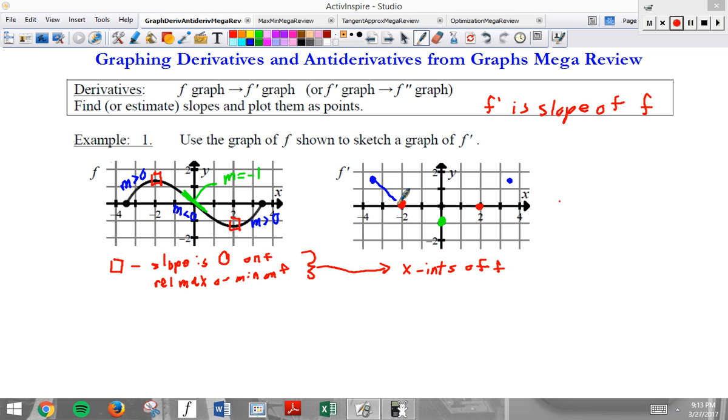And we're just connecting all these things. Like so. And that's all there is to it. Solid dot endpoints, you better have solid dot endpoints. End of story. It's really not that difficult of a skill to graph the f double prime from f prime or the f prime from the f graph. Graphing the derivative should not be the difficult part.